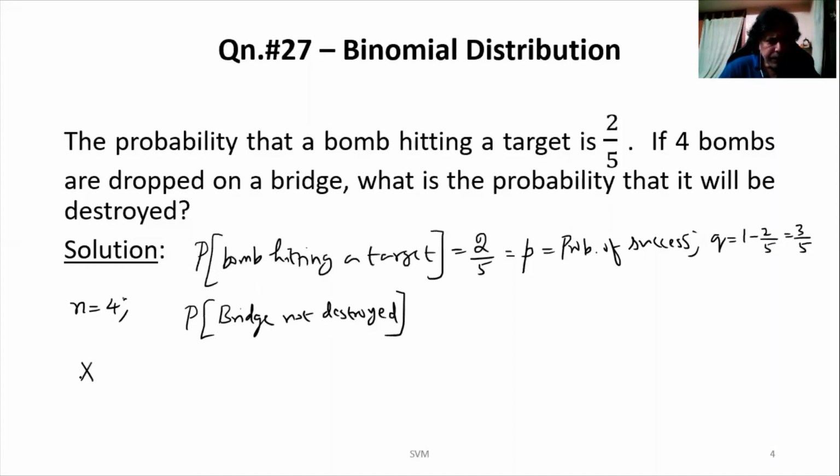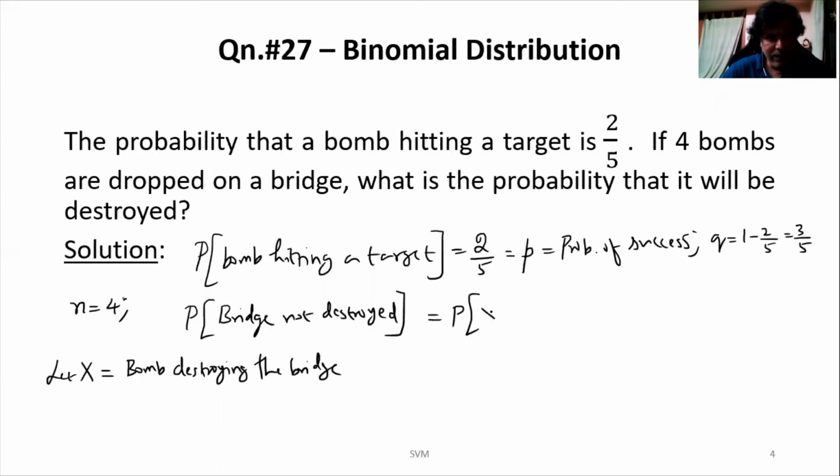Let X be the number of bombs hitting or destroying the bridge. So when I say not destroyed, it means that X is equal to 0.